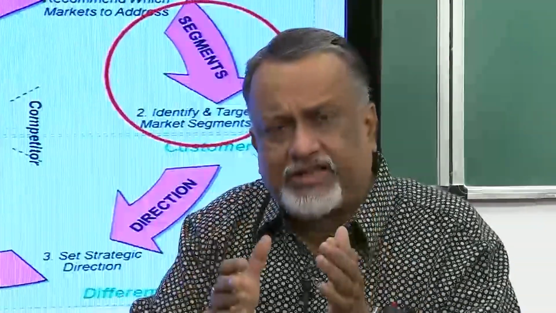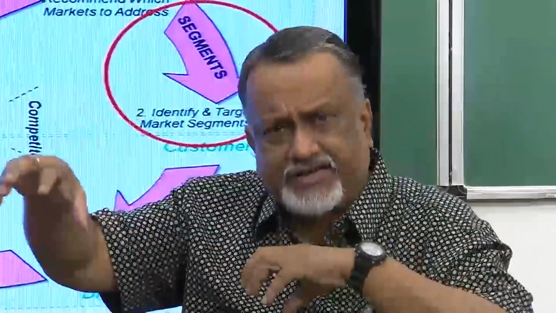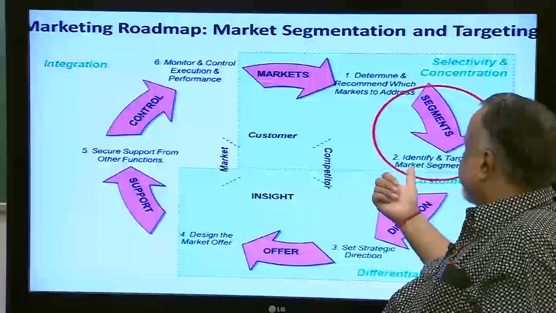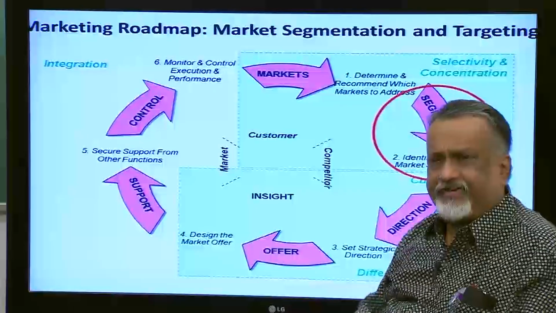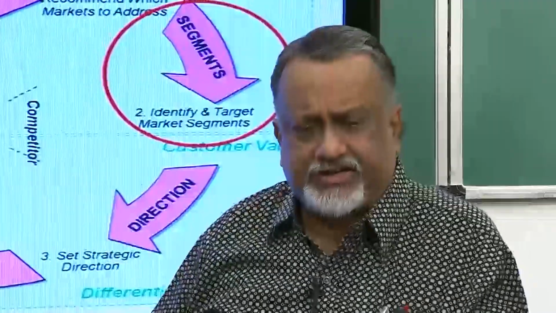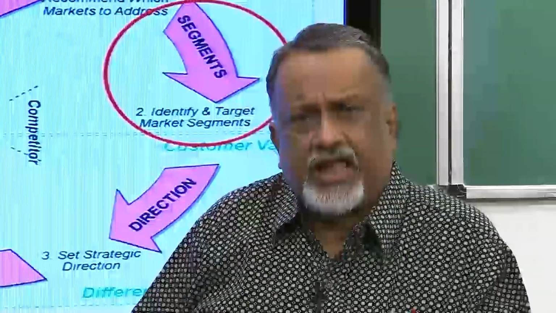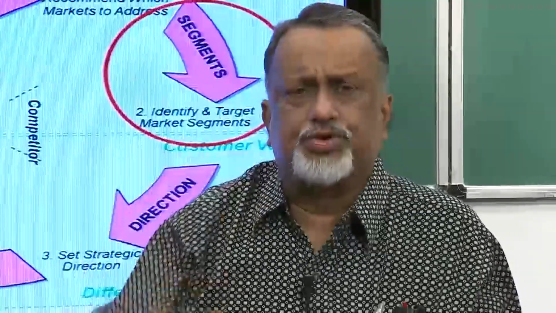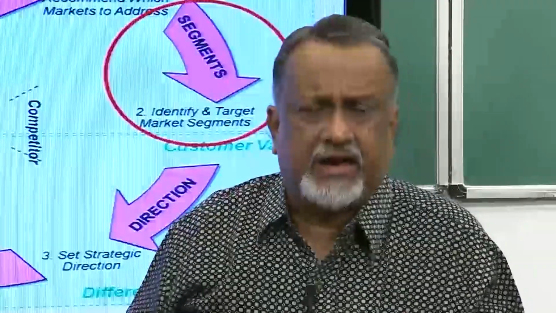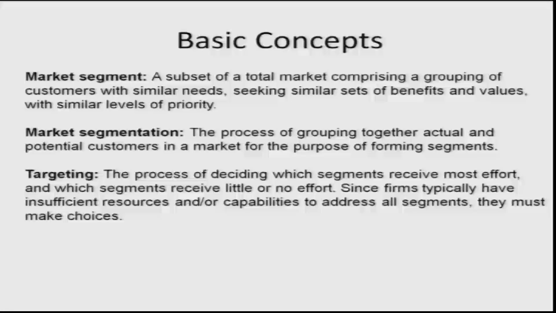So, you look for the first few segments with the first few sets of offerings to satisfy those segments. That is identification and targeting of market segments, and then we set the strategic direction of how we can create the best possible package of solutions for satisfying that particular customer segment or the set of customer segments one after the other.